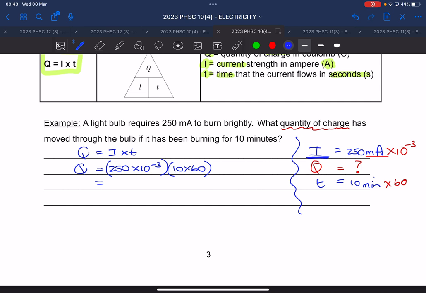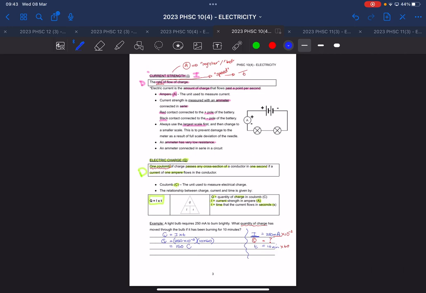Take out your calculator. 150? Are you sure?